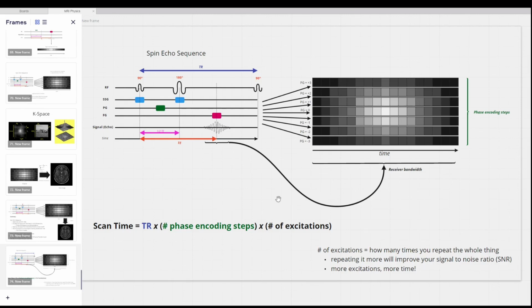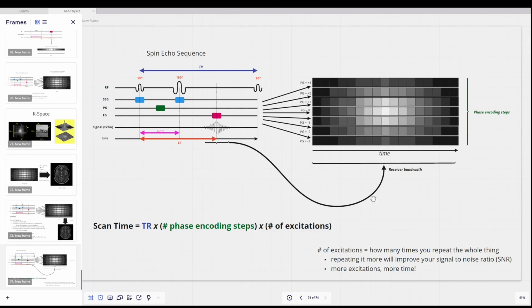require time. So this is the equation that's thrown around and that you'll read and see again. And scan time, this is an important concept, right? Because scan time is money, and scan time is proportional to your TR, how long it takes to do this one sequence, to fill one line, times the number of phase encoding steps, which is how many times you're running that sequence, each time at a different phase encoding gradient strength, right?